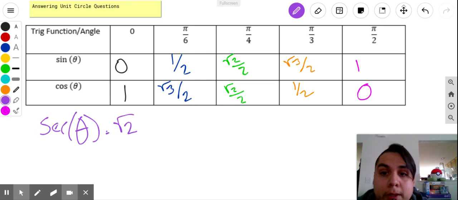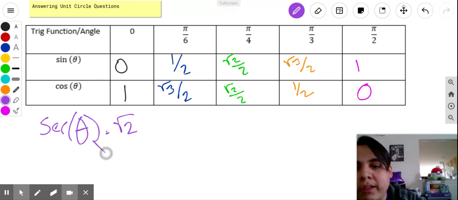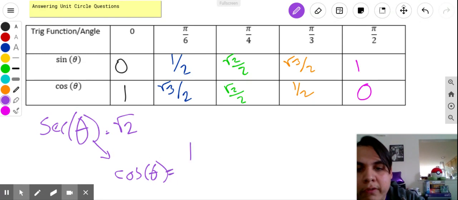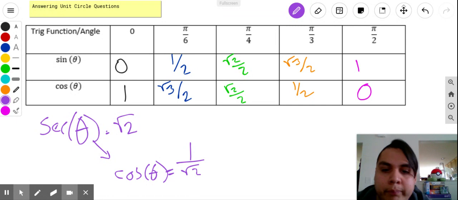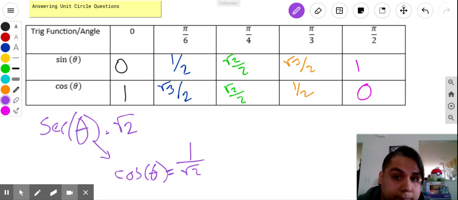Okay. So secant is the reciprocal of cosine, so I could think about this as cosine of theta would be the reciprocal of radical 2, so I should have a 1 over radical 2.